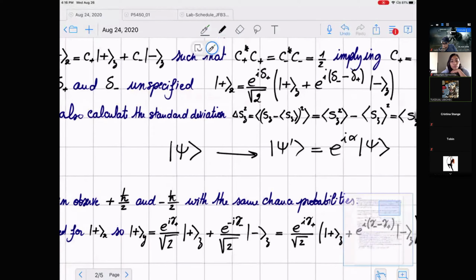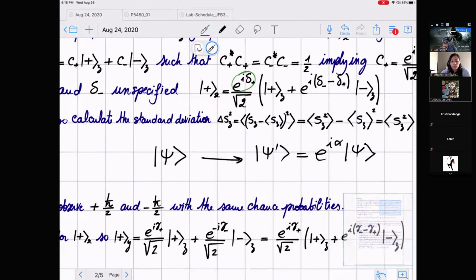However, something remains when I factor that out: the exponential i of the difference of the phase between the two terms, plus sub z and minus sub z. That relative phase between the two components is important. It changes the predictions we make, while the global phase factor in front does not change anything in the physics that is observed.